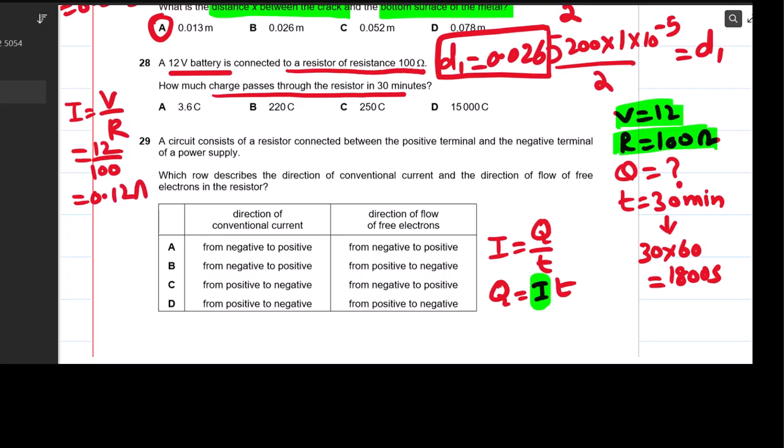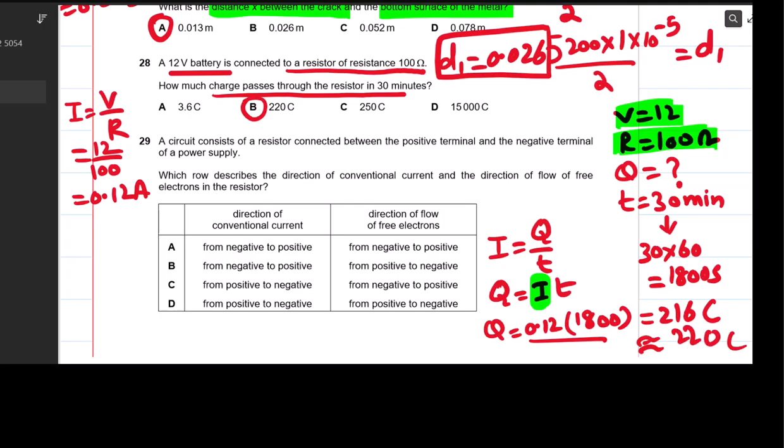So Q is equal to 0.12 multiplied by 1800, it becomes 216 coulombs. We are not having this exact option, but it is a rounded value, which is approximately 220. So B is the answer here.